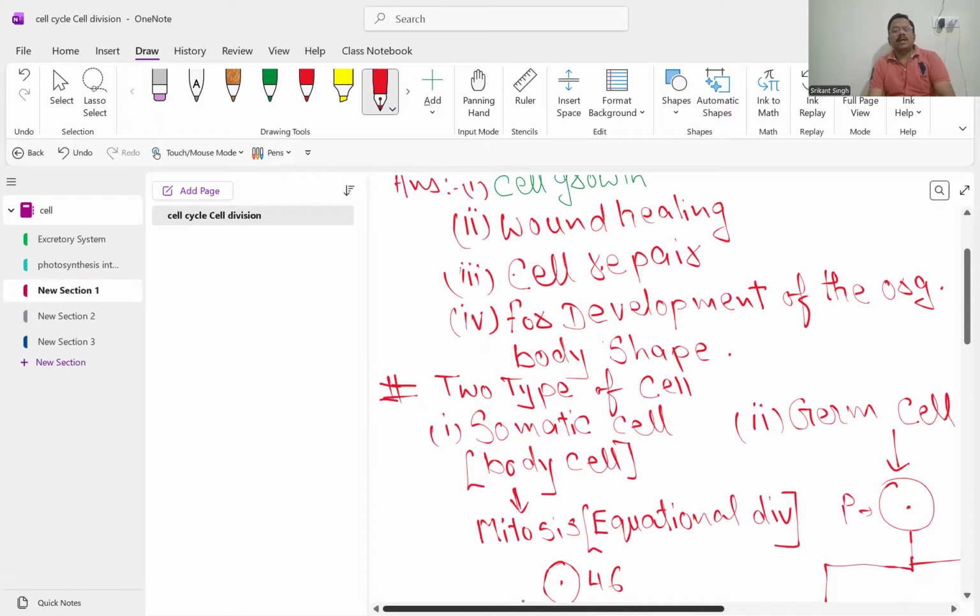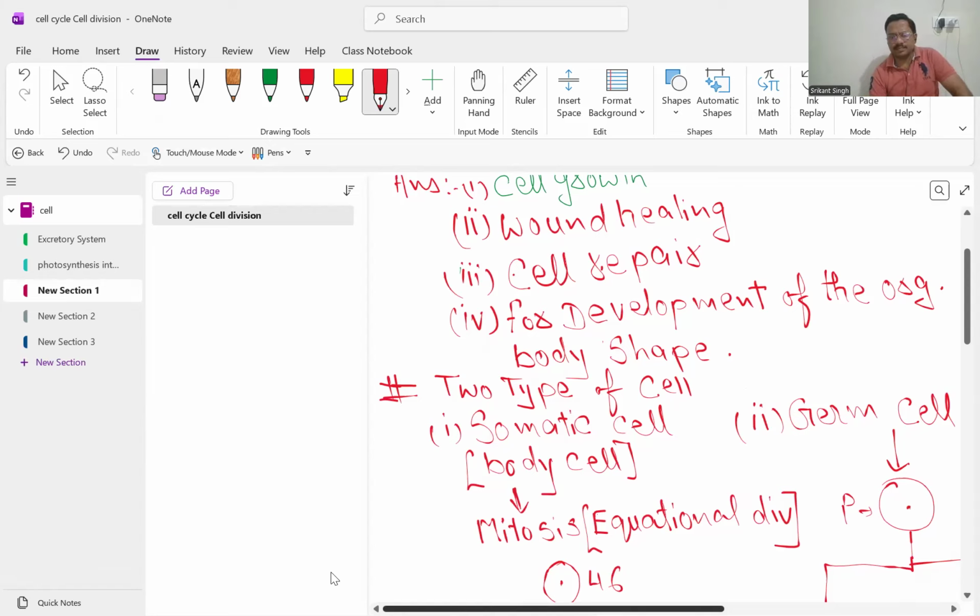So mitosis occurs in cells which don't carry genetic information from one generation to another. But germ cells occur in the gonads, to carry the genetic information from one generation to another.